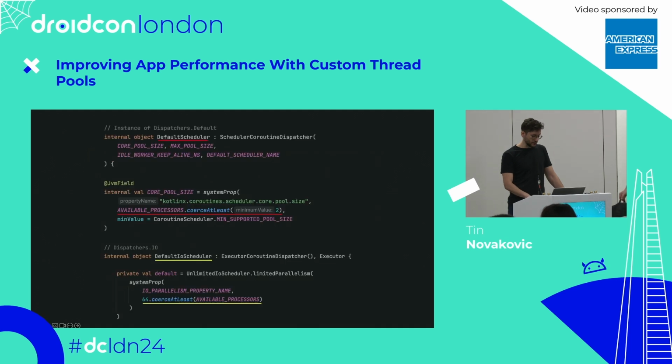However, if we look deeper into the code, I've highlighted in red the default dispatcher, and in yellow at the bottom, the I/O dispatcher. If we look at the default dispatcher, we can see that the pool size is the number of available processors with a minimum of 2. The reason it's like that is because saving memory to disk is a very intensive process, so we don't want to make too many threads available.